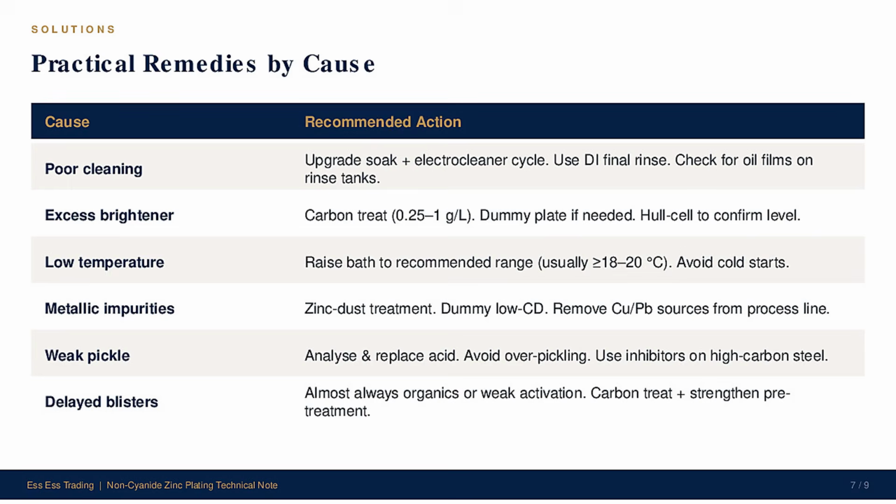Metallic impurities require zinc dust treatment, dummy plating at low current density, and removing copper or lead sources from the process line. Weak pickling means analyzing and replacing acid, avoiding overpickling, and using inhibitors on high-carbon steel. Delayed blisters are almost always due to organics or weak activation, so carbon treatment and strengthening pretreatment are essential.